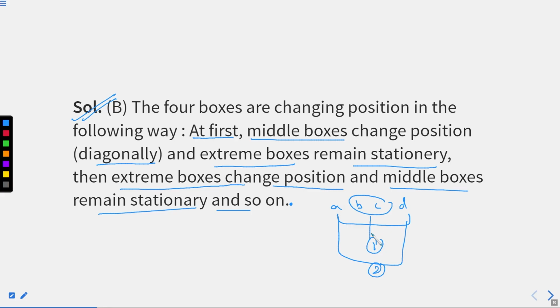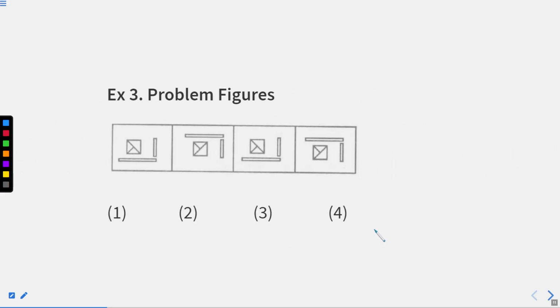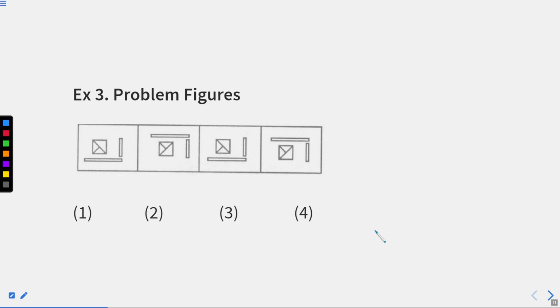Now we will move to question number 3, where we are going to deal with a different kind of problem, as this time we have 3 different problems, right? You can say 1, 2 and 3 with a diagonal in it, right? Now what you are supposed to find? How they are moving, right?